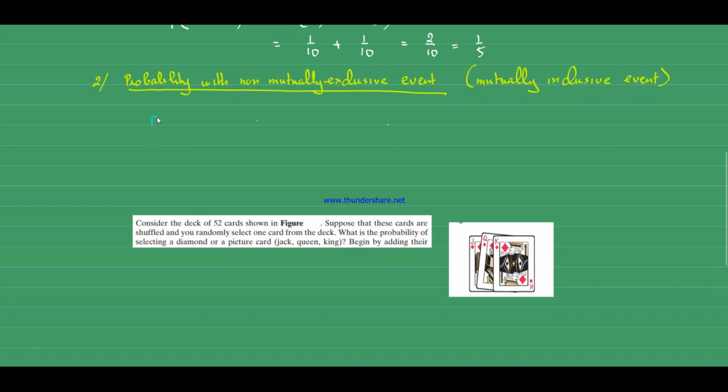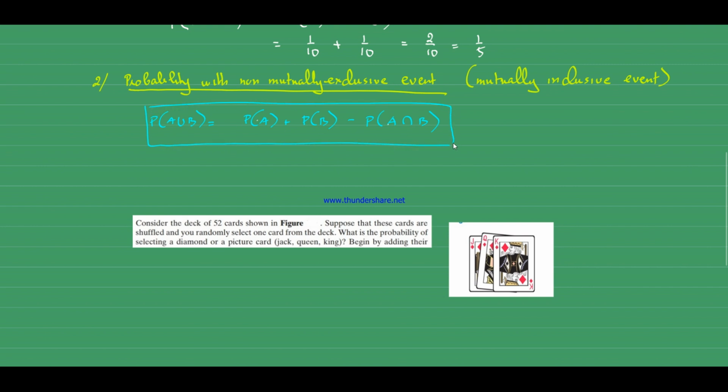So we have the probability of A union B. It's also the probability of A plus the probability of B, but because the two events have a part in common, you have to subtract the probability of A and B. Okay, A and B. So this is the formula we use to calculate.